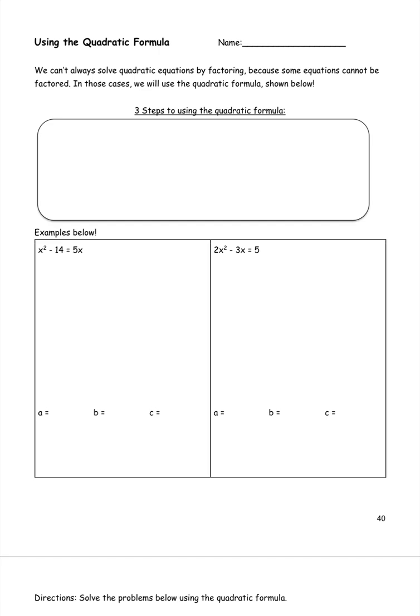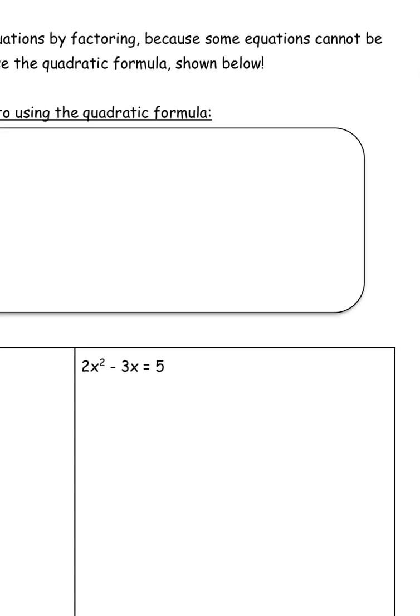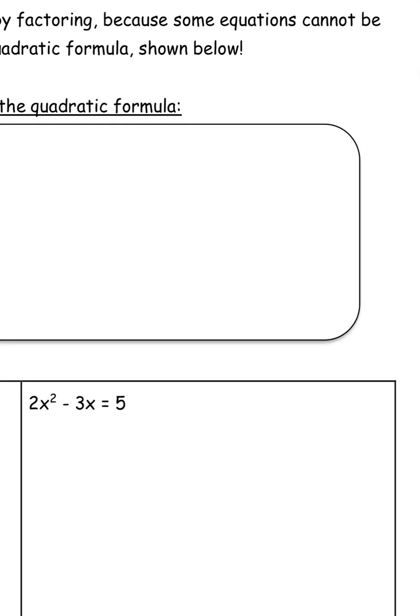All right, so the quadratic equation, and this is actually given on the Algebra 1 formula sheet. I'm going to write it here. We have that x is equal to negative b plus or minus the square root of b squared minus 4ac, all divided by 2a.